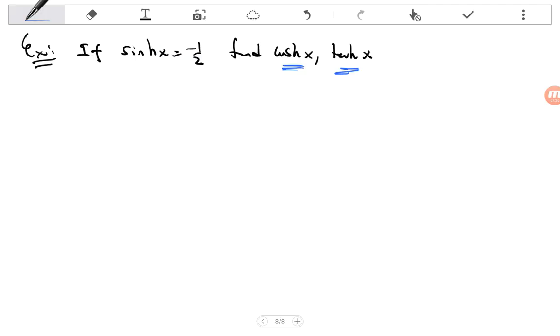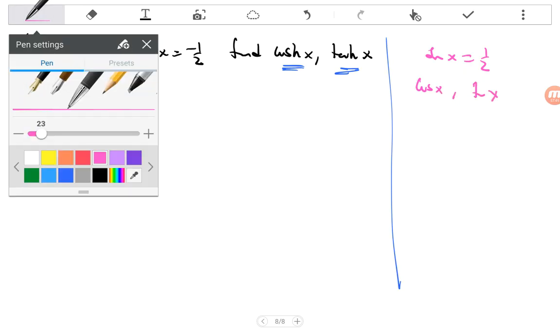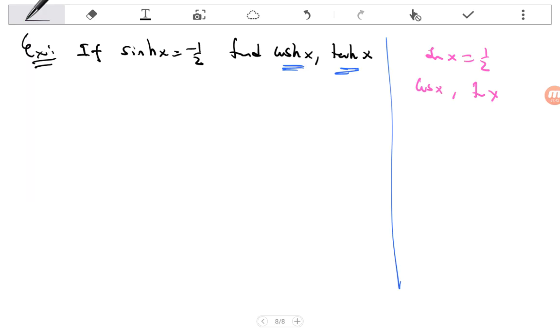If you remember, for trigonometric functions, if I told you that sine x is equal to half, what is cosine x and what is tan x? How would you solve that problem? One of the most popular methods to find this is by the triangle.